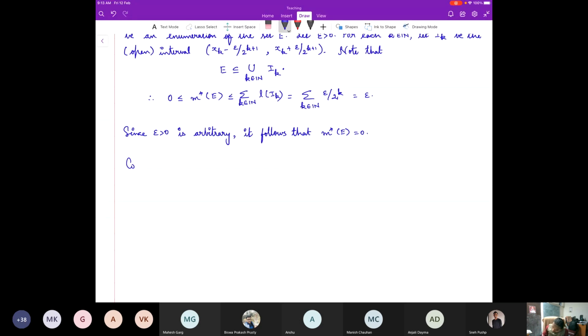Now comes a corollary. So having said that for countable sets, singletons have Lebesgue outer measure 0.